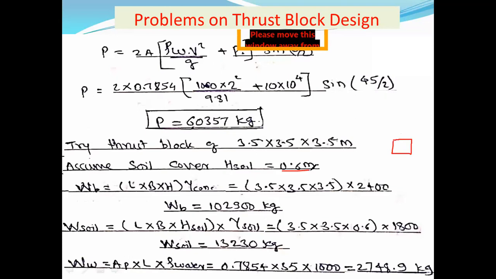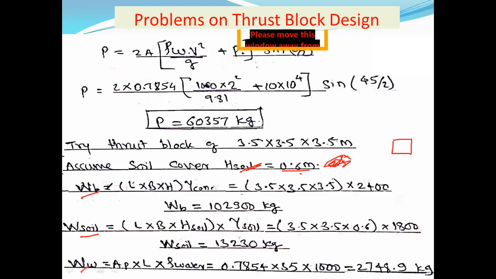In the problem it is not given how much depth of soil is there above the thrust block. So here we are assuming it is 2 feet, that is 0.6 meter. And by considering these values, now find out the weight of block, weight of soil, and weight of water.